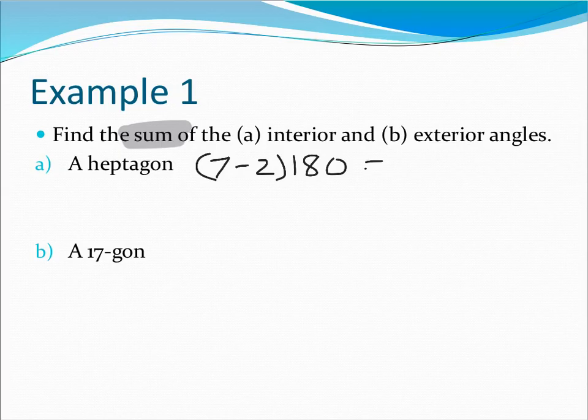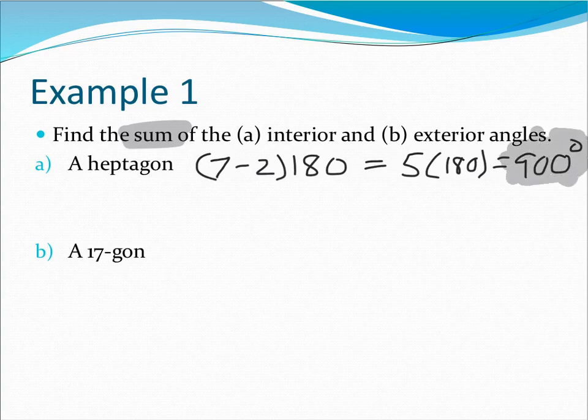So 7 minus 2 is 5. So 5 times 180, 900. So the sum of the interior angles is going to be 900 degrees. This is all of the angles in a heptagon added together.